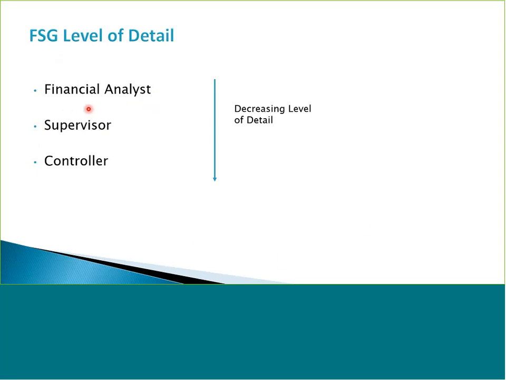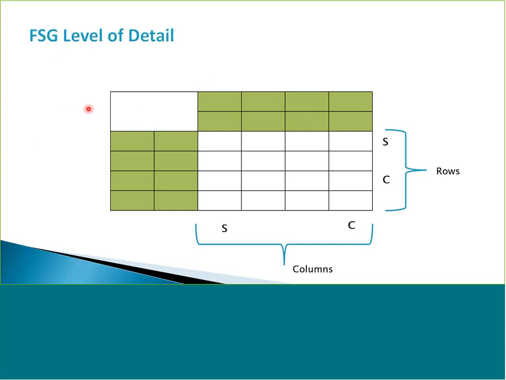So what you do is, this is a representation of an FSG report. You have your rows and you have your columns, right? So you can go ahead and assign level of detail at row definition level and column definition level.